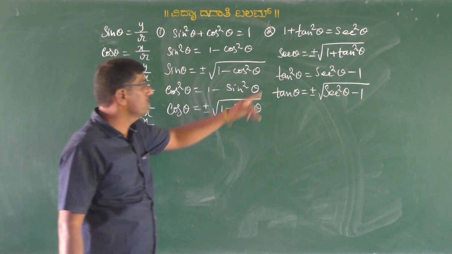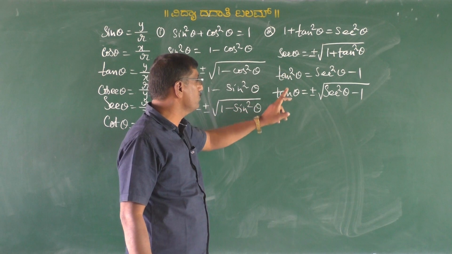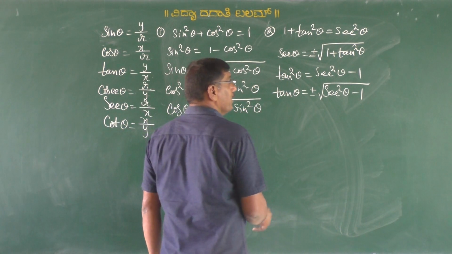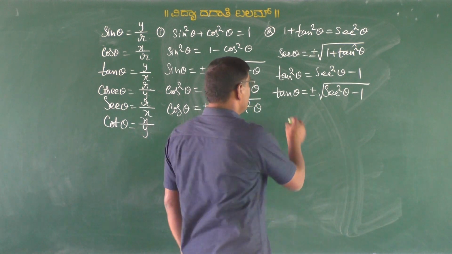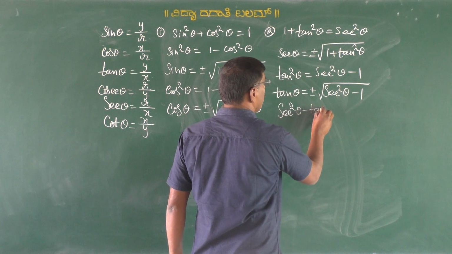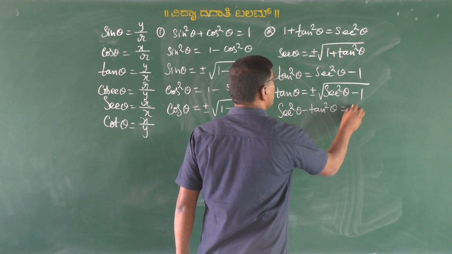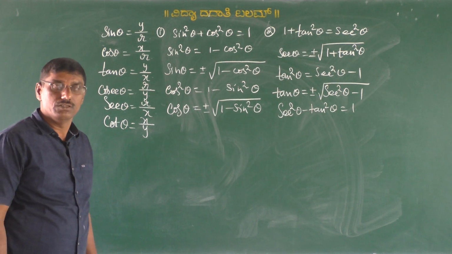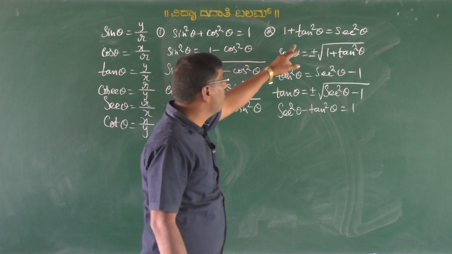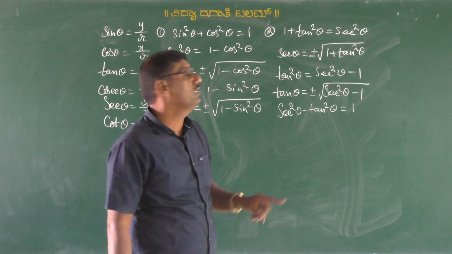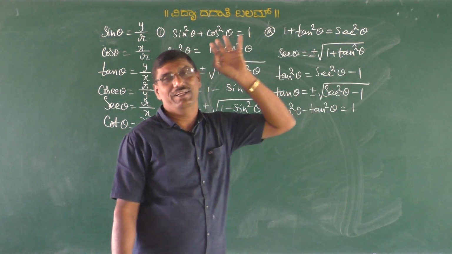And the last one is secant square theta minus tan square theta is equal to 1. Yes, this is an identity formula in terms of two trigonometric functions, that is tan and secant.